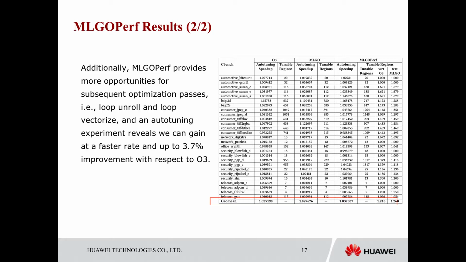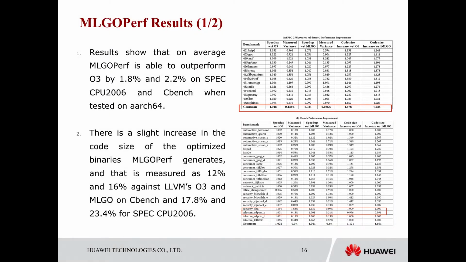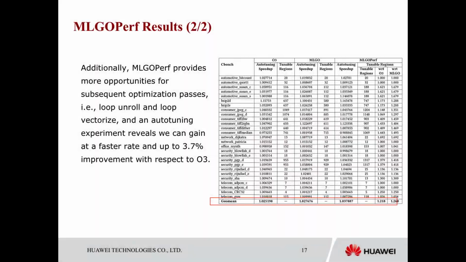But in many cases, for instance the third case, we have many more opportunities provided for the subsequent passes as a result of MLGOPerf inlining. So we thought this would be a more noticeable performance improvement by having a more intelligent inlining, rather than the pure speed up values that you see on the first slide.